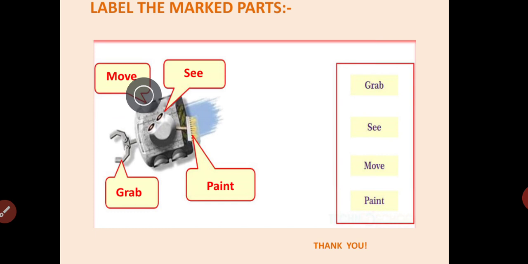So move, here we are using move, MOVE. The symbol of the robot is given here, so that is a move command. Next one, see. By looking at the eyes you can take the answer and write see. Next one, by looking at the brush you can immediately identify it is a brush. So look at the spelling and type it here.